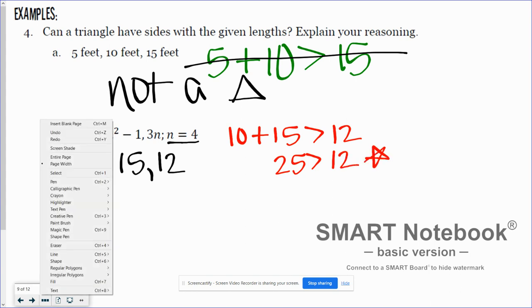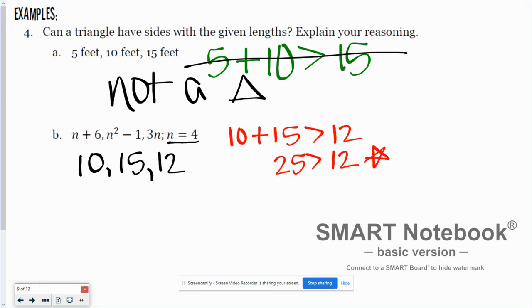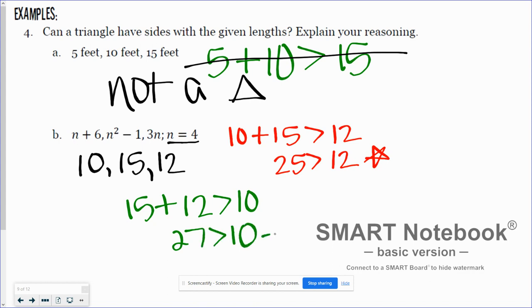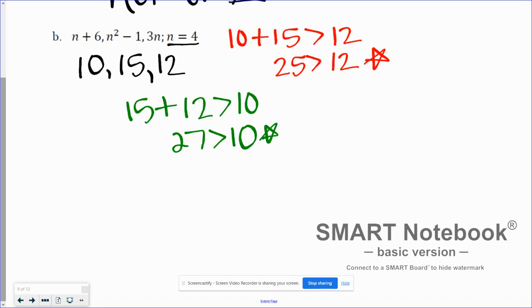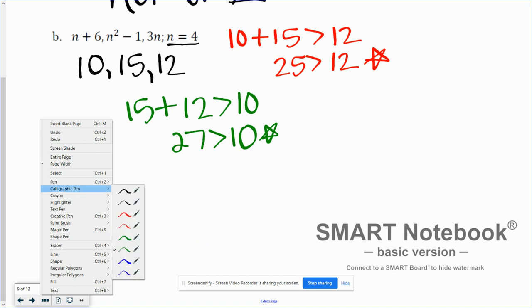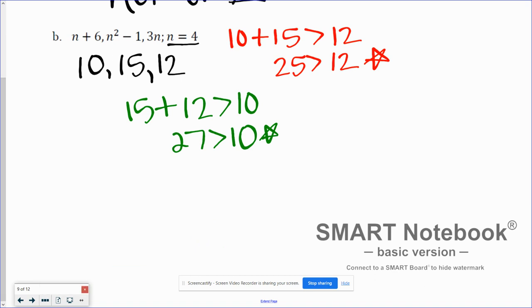So let's do the next test. So let's add 15 plus 12. This has to be greater than 10. Is it? Well, 15 plus 12 is 27. 27 is greater than 10. So it passes that test. So we just have one more test, okay? So let's do that test. So we haven't yet added 10 and 12, had we?